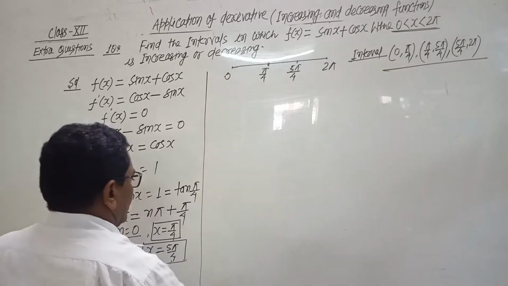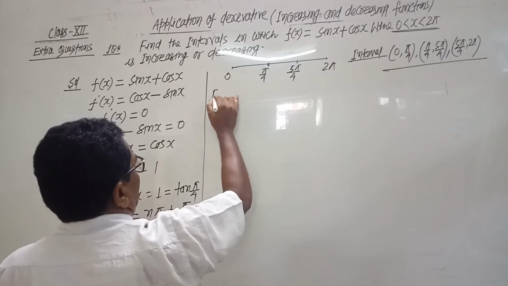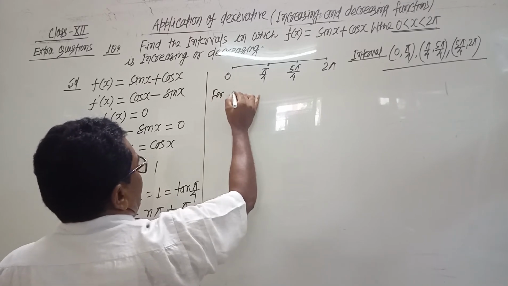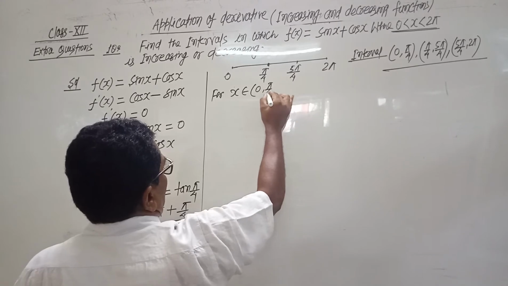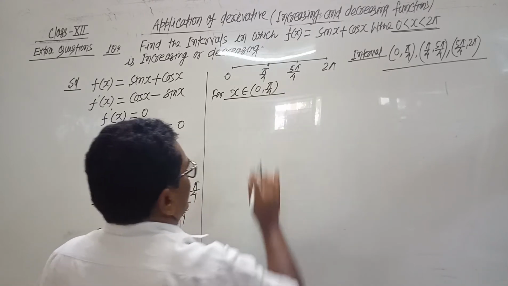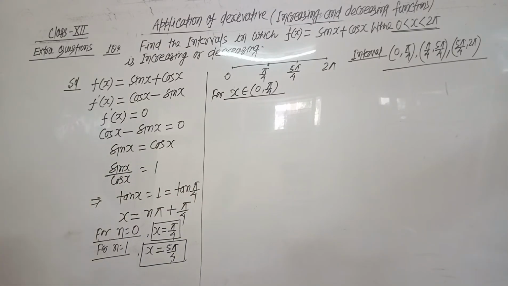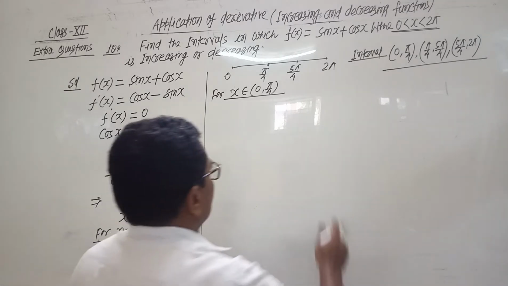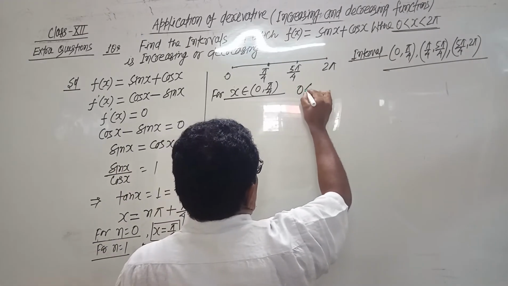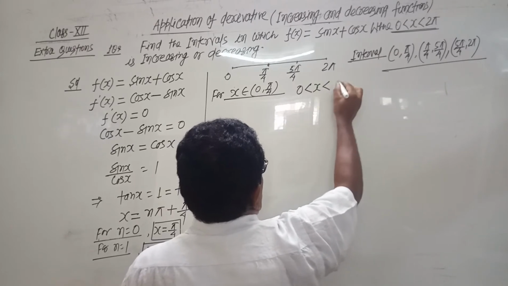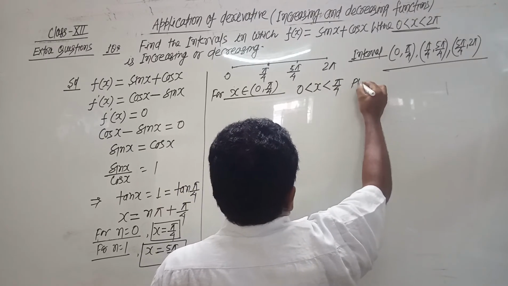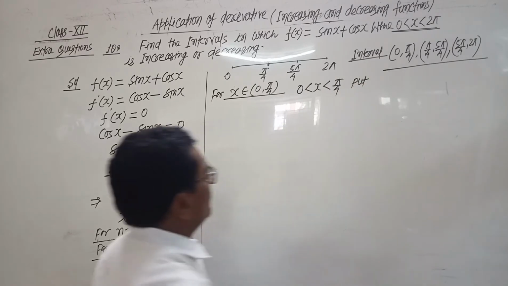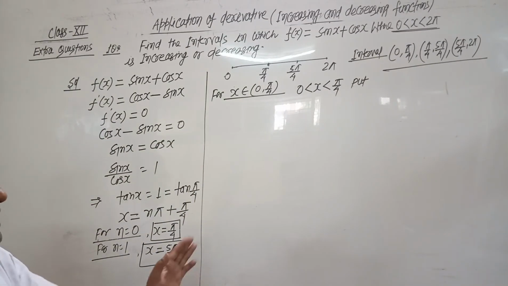When we take the first interval, x belongs to 0 to pi by 4, it means 0 is less than x is less than pi by 4, and we put the value of x lying between 0 to pi by 4.